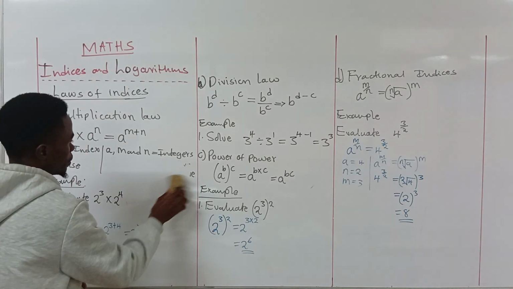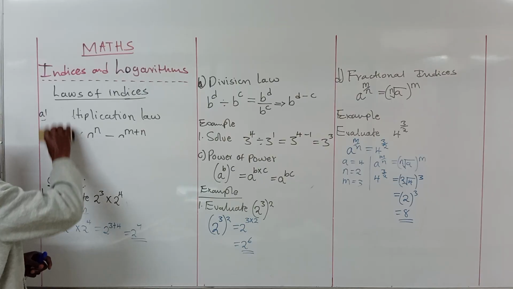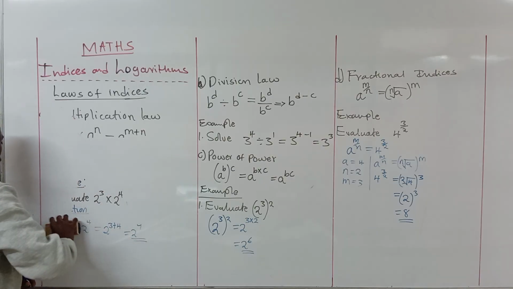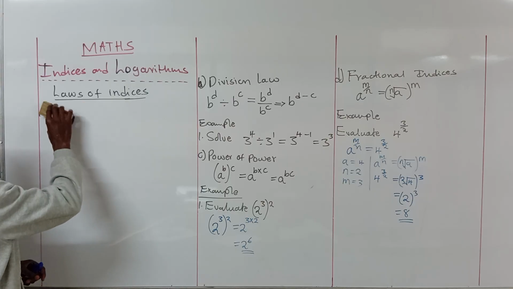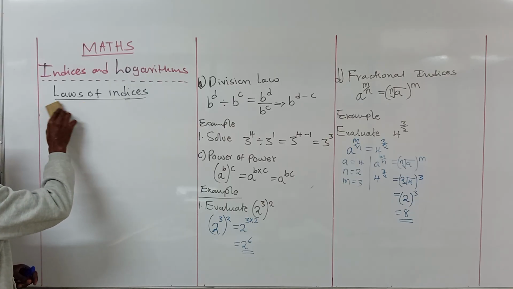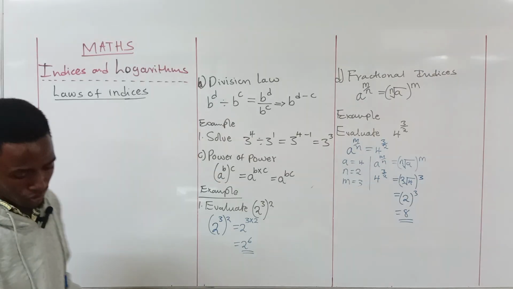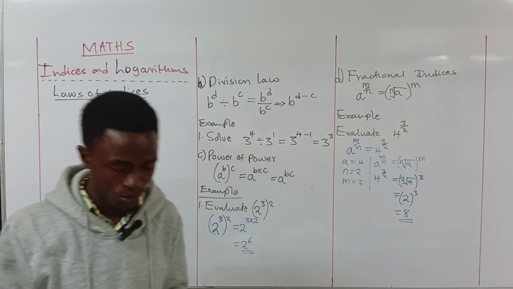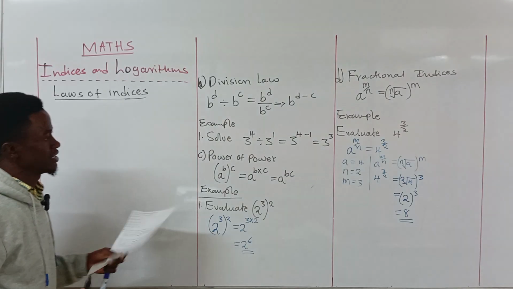So as you meditate upon it, there are other guidelines that are going to guide us on evaluating or doing questions to do with indices. Now, a number can be raised to 0. A number like 1 can be raised to 0. A number like 10 can be raised to 0. So another thing we need to understand is this.